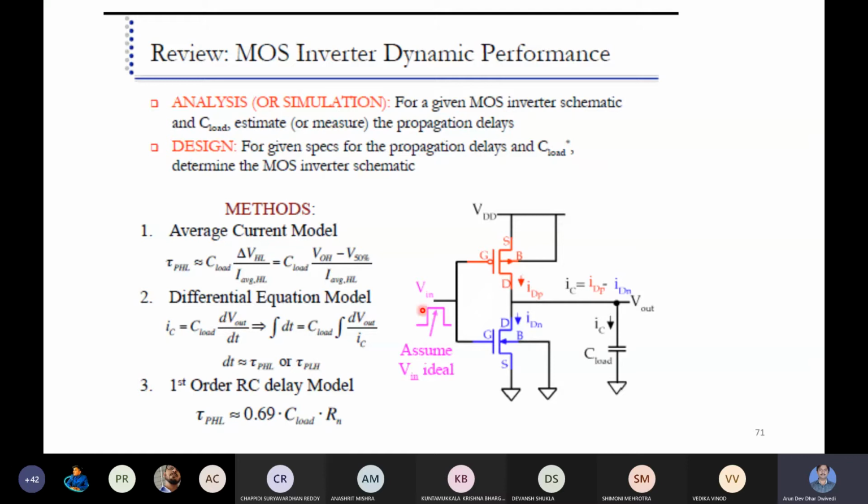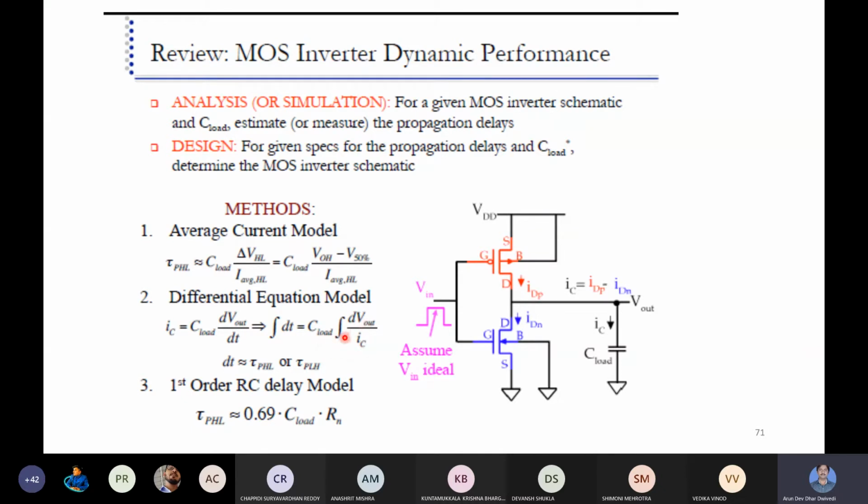So this capacitor current IC is equal to C load into dV out by dt, and dt is the delay, meaning the time relation between the change of voltage and the load capacitor. So the integral of dt can be written as C load into integral of dV out by IC.